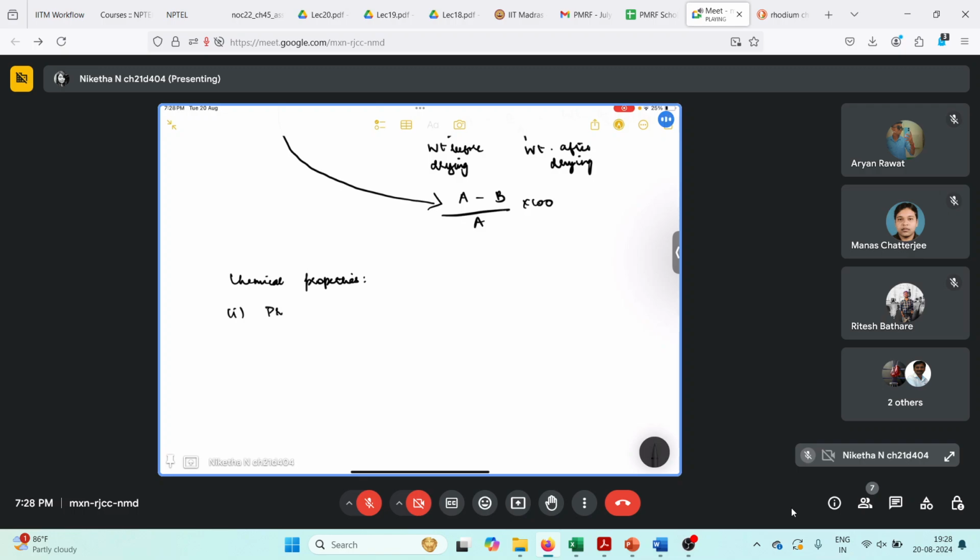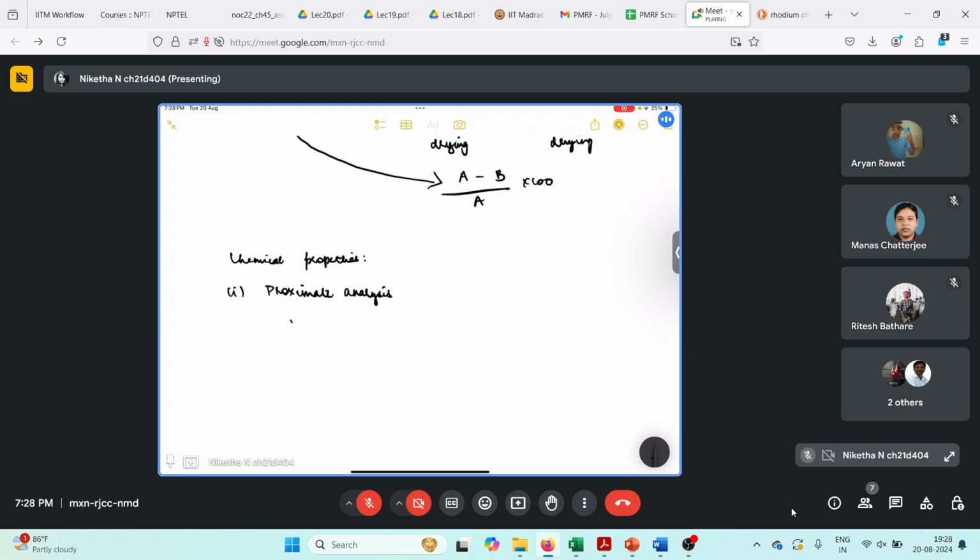This will come under the term proximate analysis. This will include the moisture content, the volatile content, ash content, and the fixed carbon content.